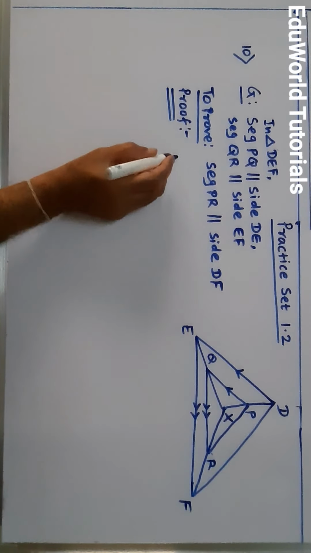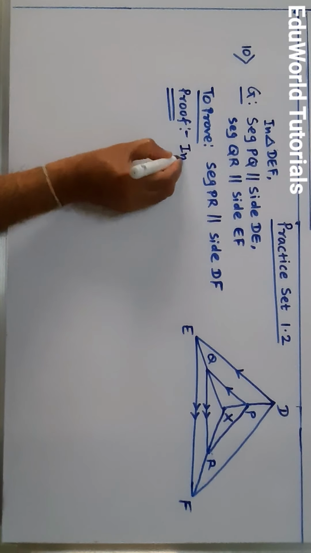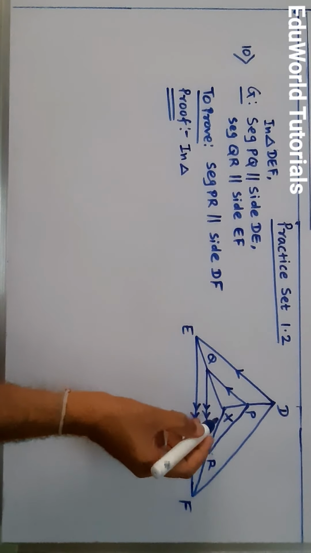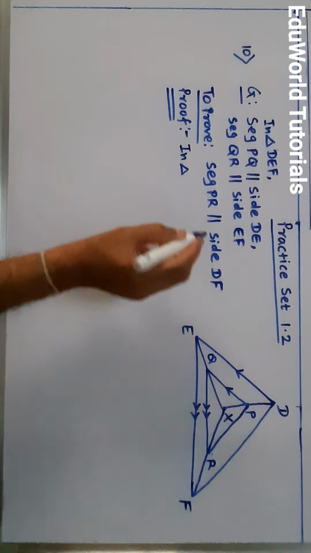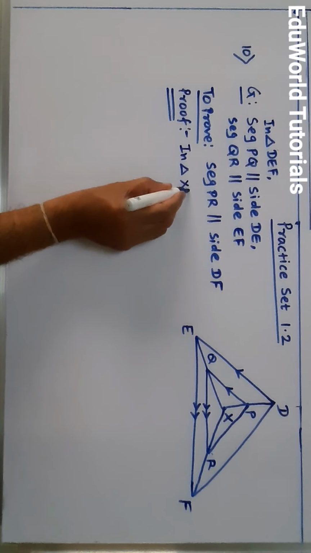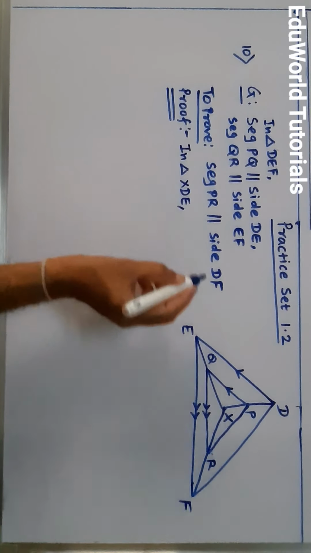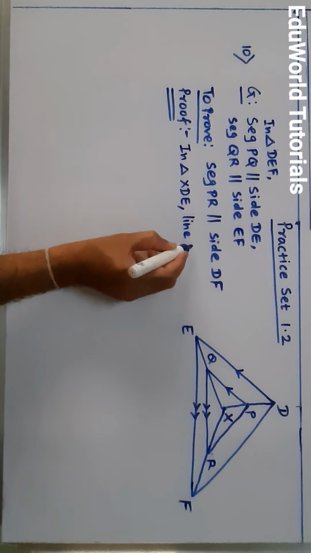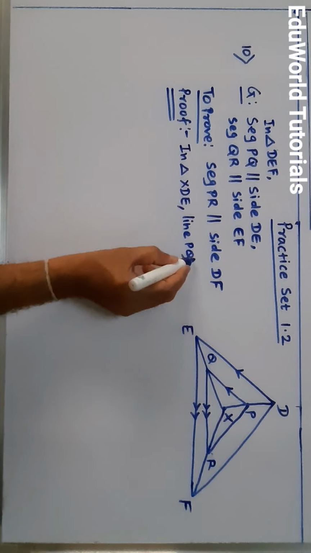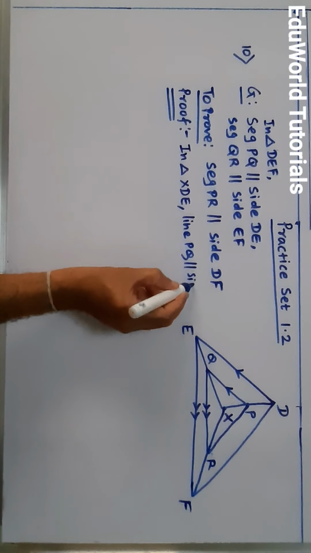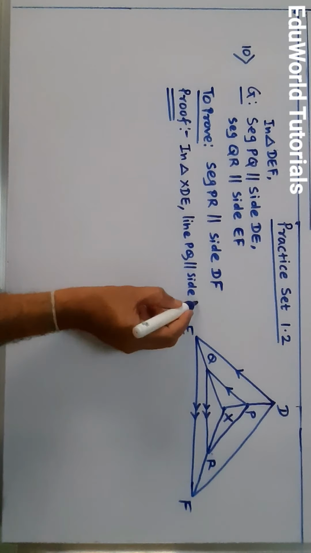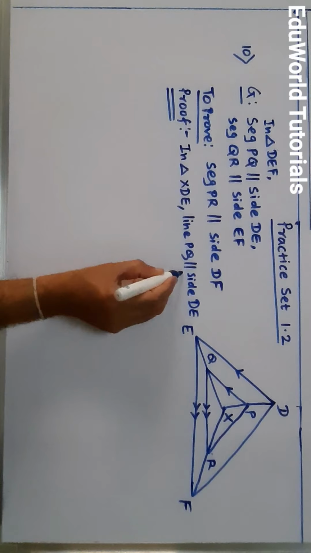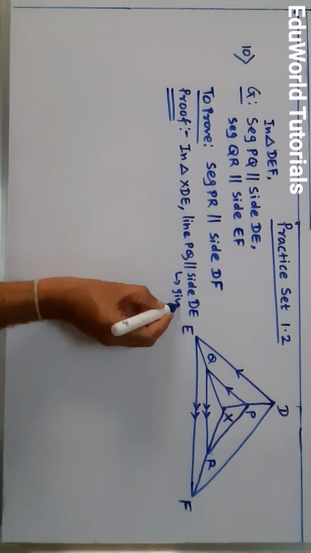Understand? So what do we have to write? Think which triangle you have to consider. In triangle XDE, line PQ is parallel to side DE. And why? Because it is given to us.